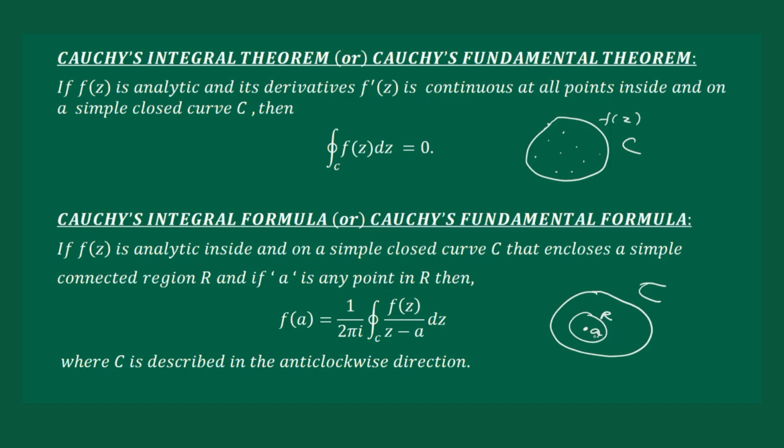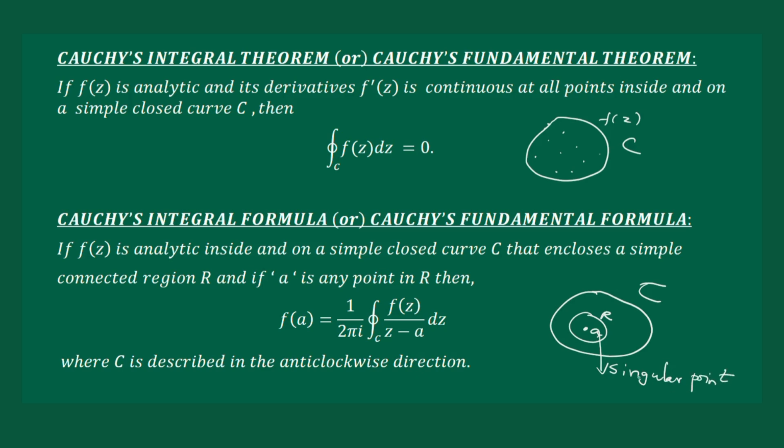Then what is f of A? If you want to find f of A at this point, then f of A is defined as 1 by 2 pi i, integral over C of f of z divided by z minus A, dz. Actually, this gives you the value of f of A. This point A is called a singular point.